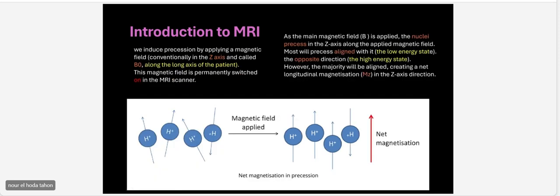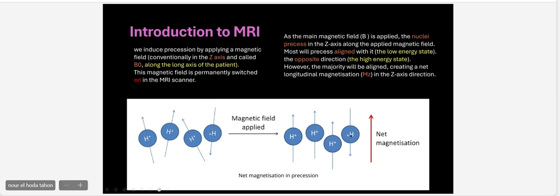Okay, and here we have axes. The main axis is the z-axis. Now you can see every single proton randomly oriented in a different way. When you apply the magnetic field, everything starts to be parallel and aligned.